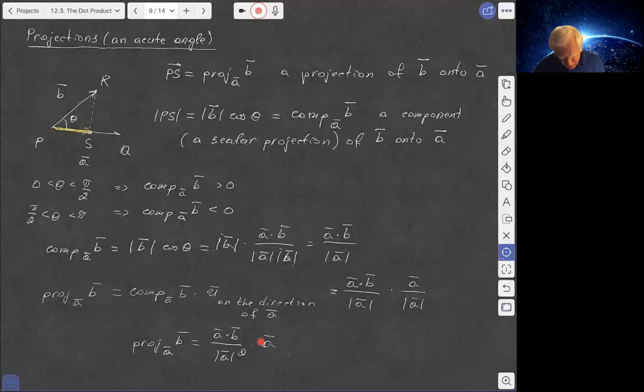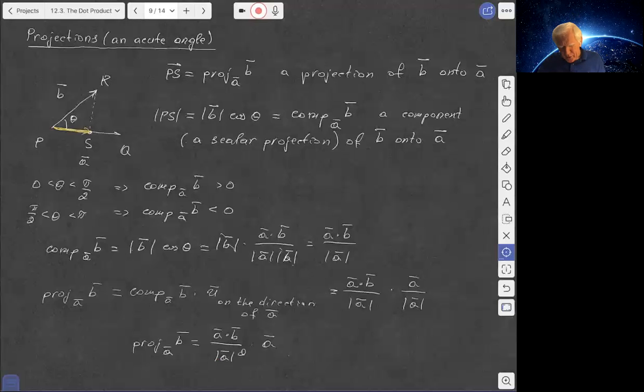Thinking about the first factor here, it is actually a scalar, because the dot product is a scalar divided by a scalar. You're going to get a scalar, and the scalar is multiplied by the vector A. That means that you are either stretching or shrinking vector A in its direction to get the projection vector.